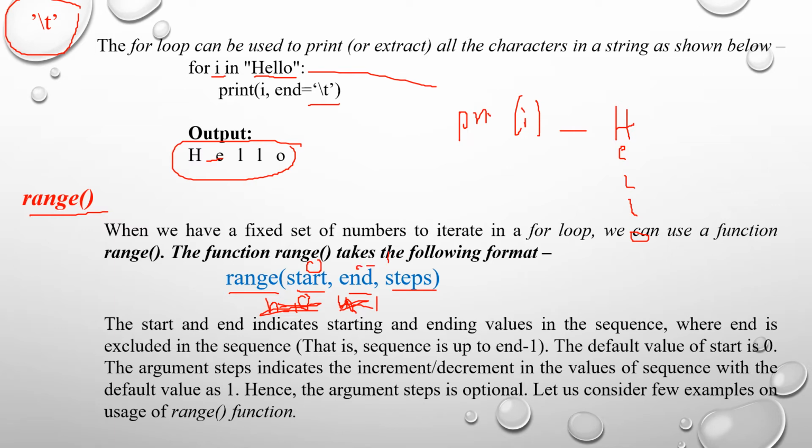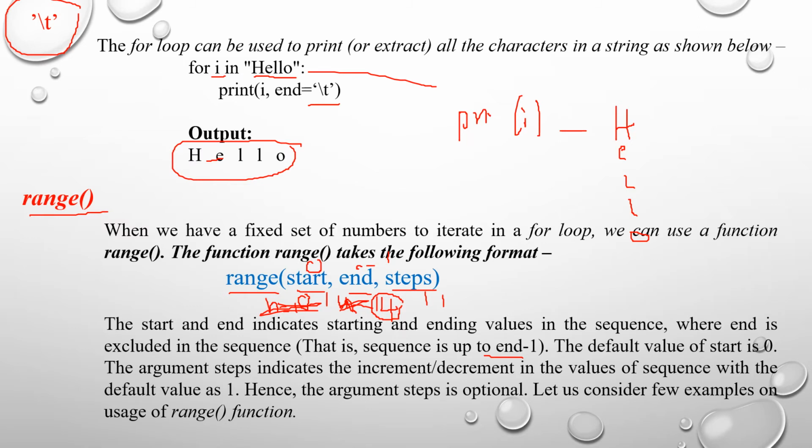For example, here the start value is 1 and the end value assigned by the user is 4. The interpreter is going to print 1, 2 and 3, because the end value is not included. Here the default step value is 1, so the sequence is up to n minus 1.